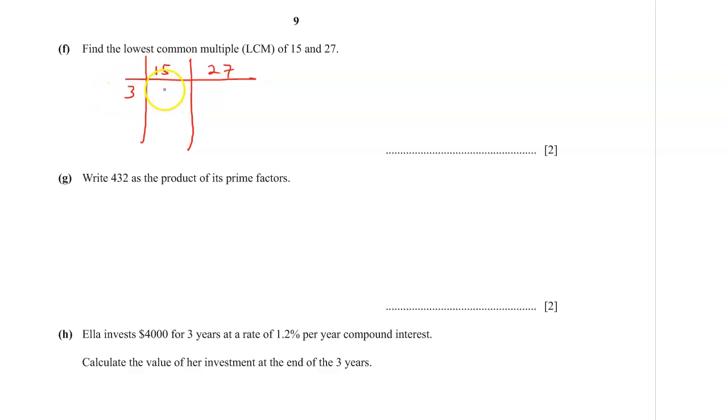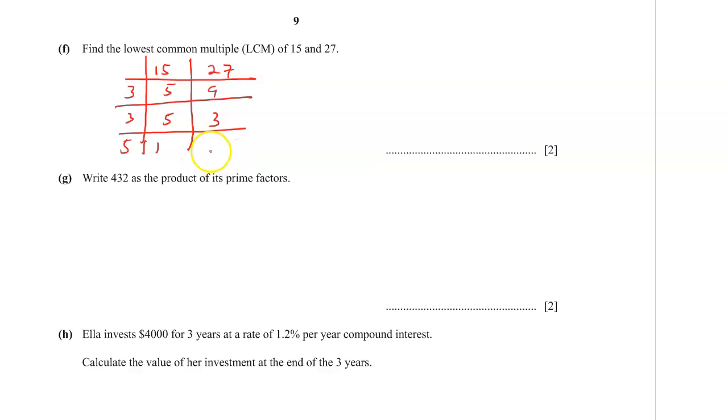Yes, to get 5 and 9. You divide this one by 3 again. Yes, this cannot be divided by 3. So you can divide this by 3 to get 3 and 5.